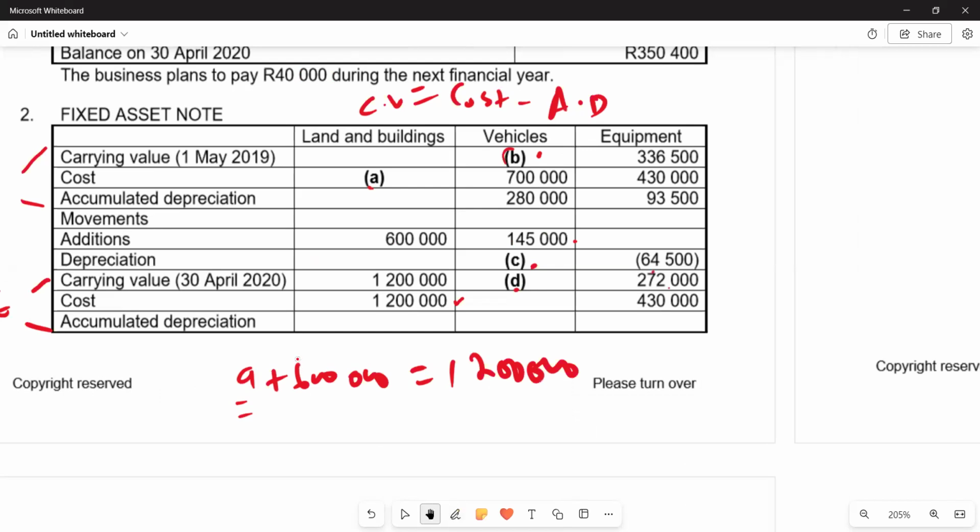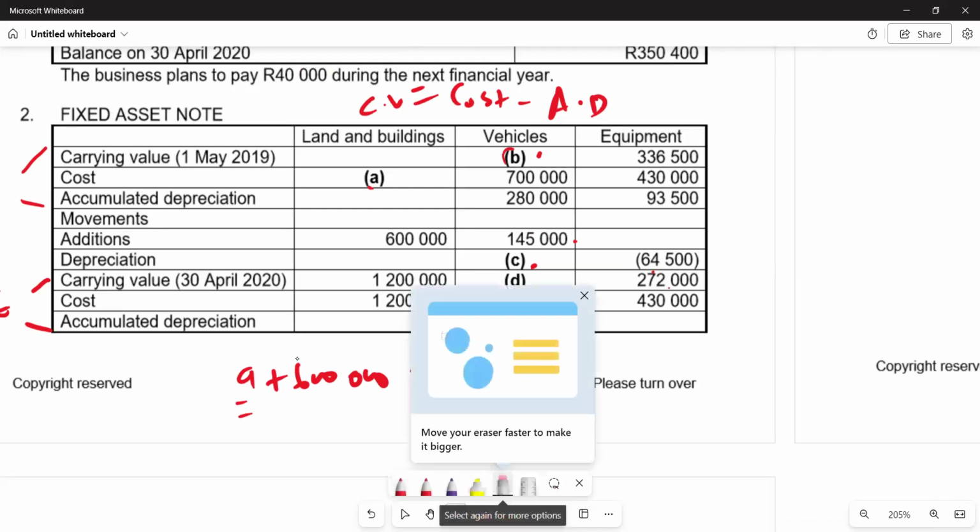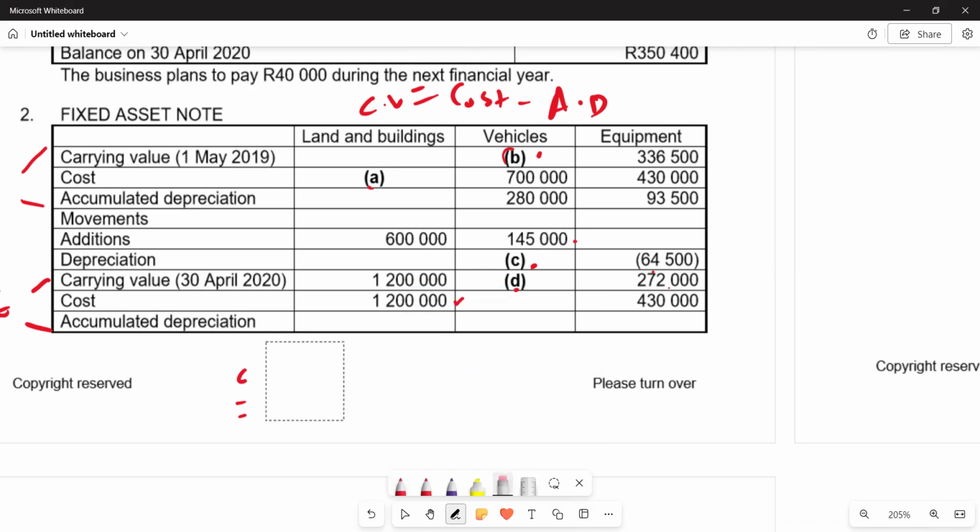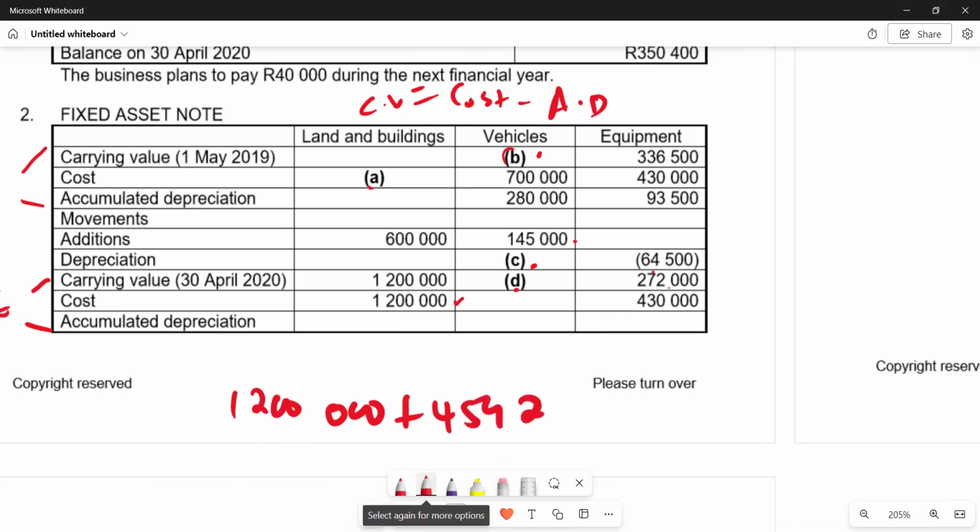So basically, the figure that we just got for vehicles. Let's just try to create some space there. So what we are saying is, we've got land and buildings at 1,400,000, and for vehicles, the one that was just calculated, we got 59,250.